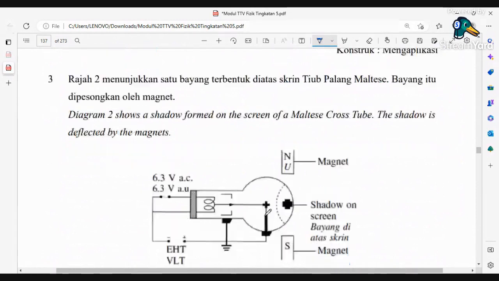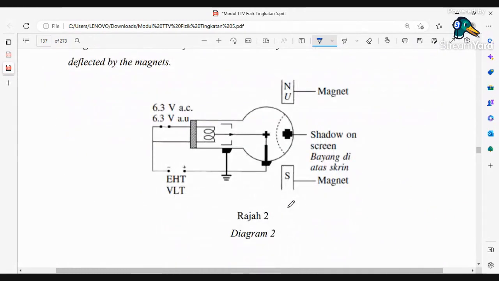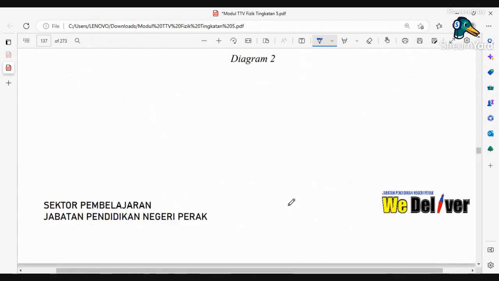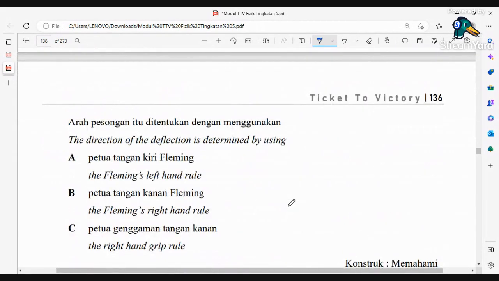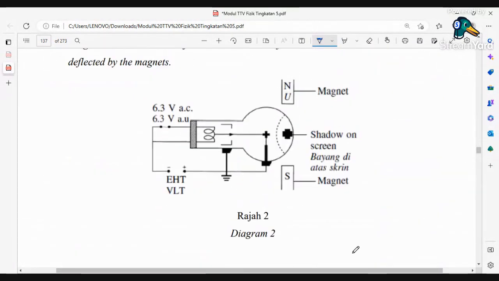Okay, number 3. This is a Maltese cross tube. The direction of deflection is determined by, if you put a magnet here, north, south. The electron is negatively charged, so you can use Fleming's left-hand rule.